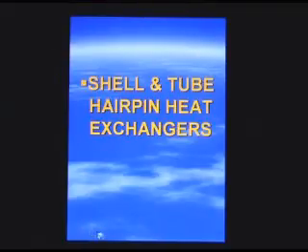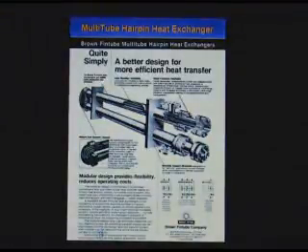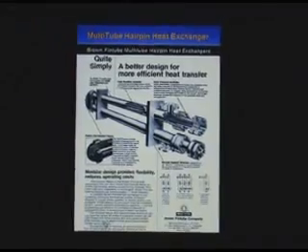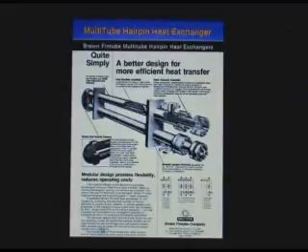This is an example now of hairpin type heat exchangers. Again, these are not a TEMA item, but you'll get an idea of what they are. They're fairly small units. You can probably get up to about a 20-inch shell diameter, different tube lengths.